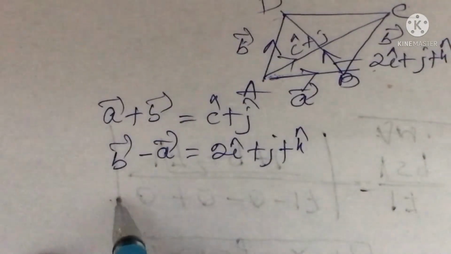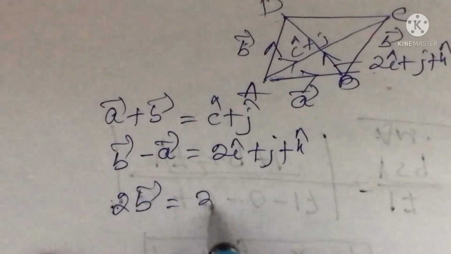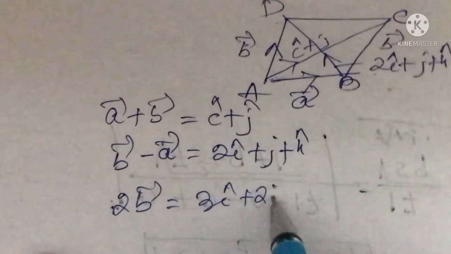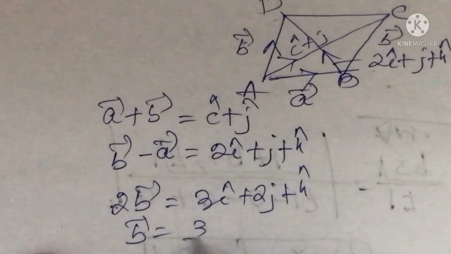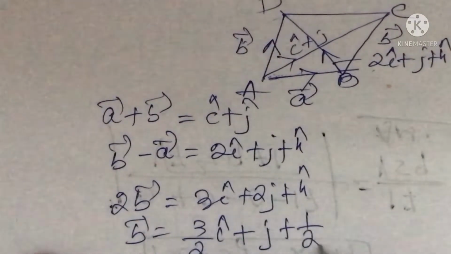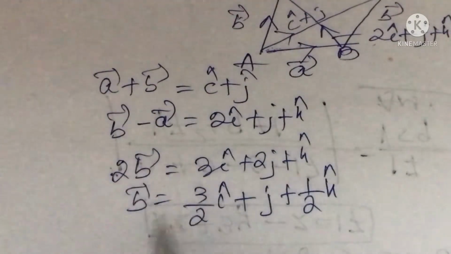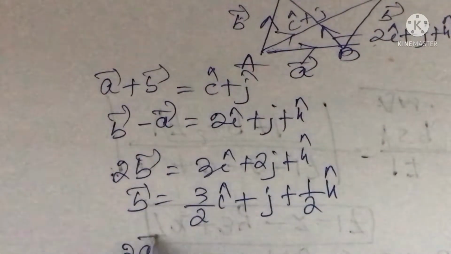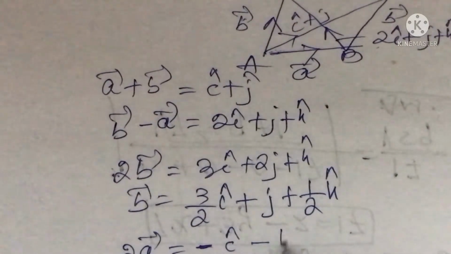If we add these two equations, we get 2b vector is equal to 3i + 2j + k. Then b vector is equal to 3/2 i + j + 1/2 k. On subtracting these two equations, we get 2a vector is equal to -i - k.